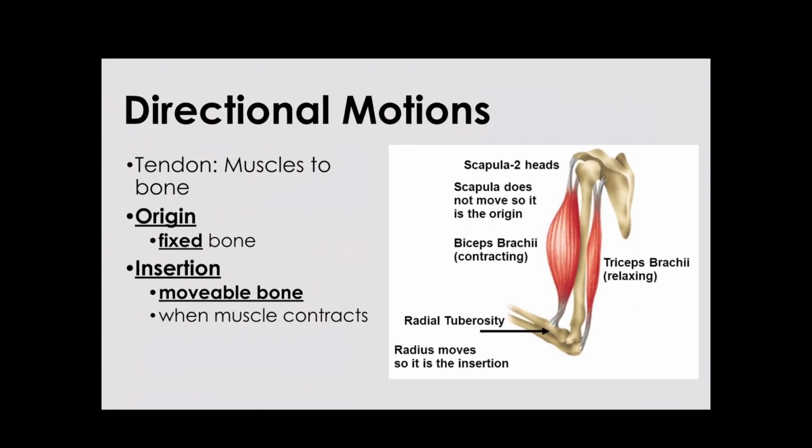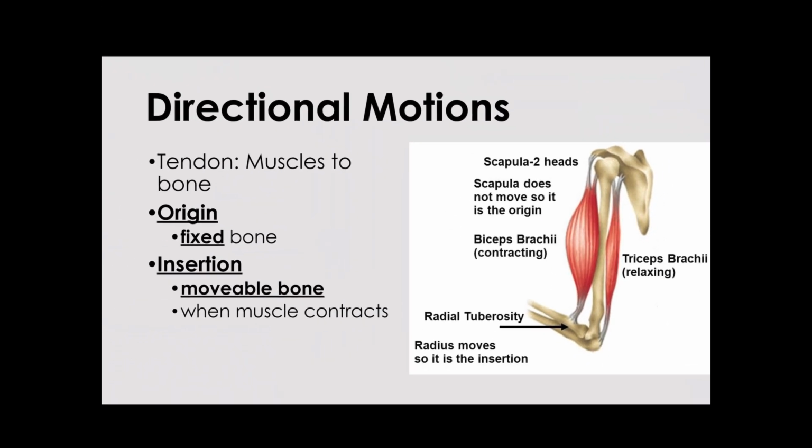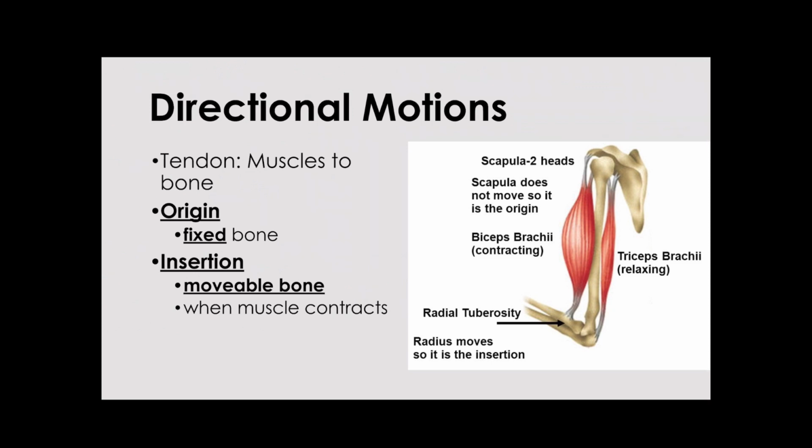So if you look in this diagram right here, you can see that the bicep has an origin, which means that it's attached to a fixed structure, which is going to be the scapula. The insertion is going to be a muscle that is attached to a bone, and that bone is actually going to move when the muscle is contracting.